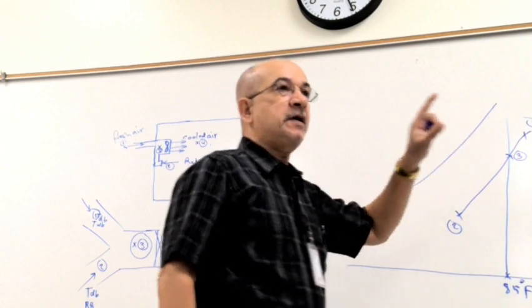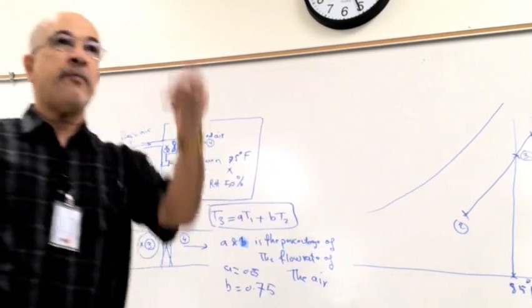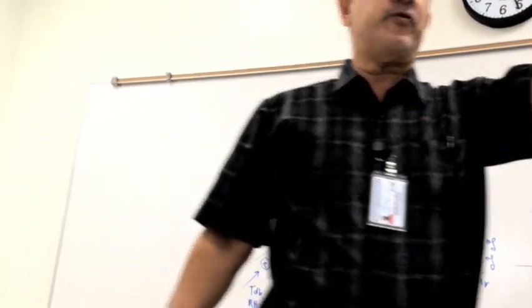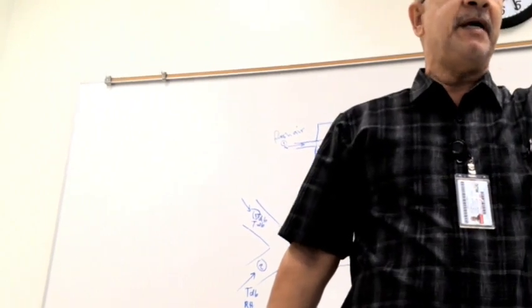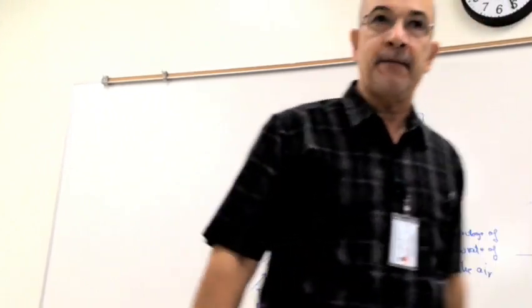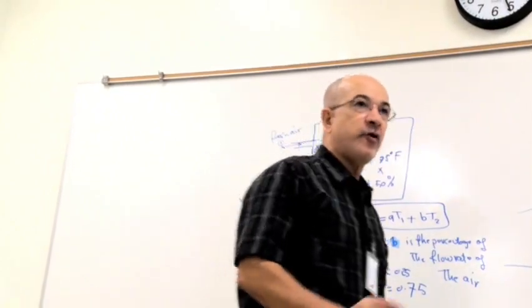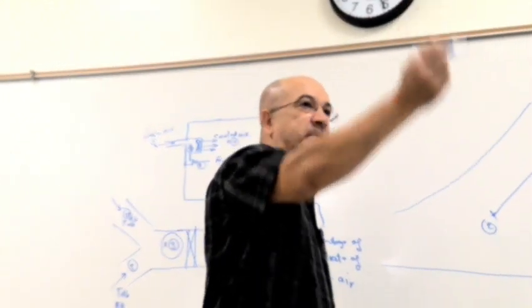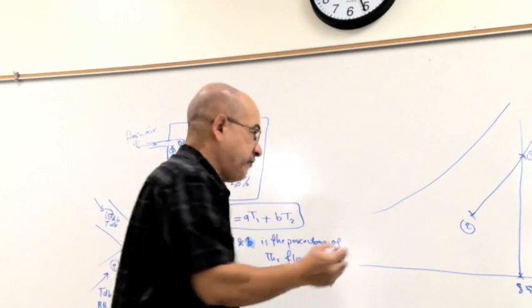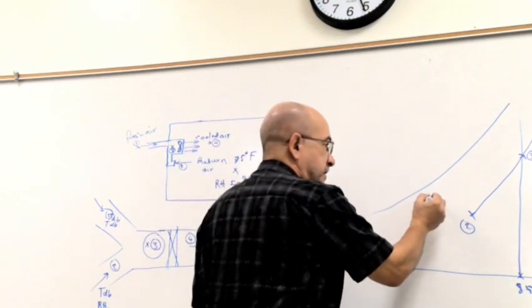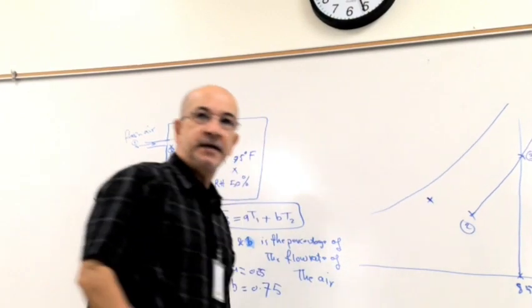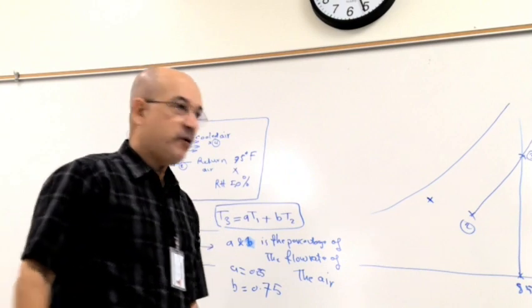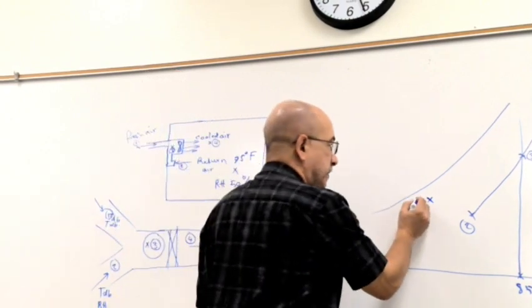Now, for point 4 we also have 2 parameters, 60 dry bulb and 55 wet bulb. So we look for 60 dry bulb and 55 wet bulb. We find it somewhere here. This is point 4.